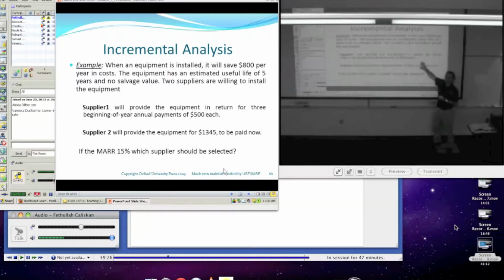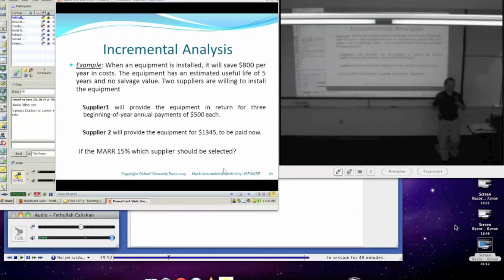Now, both have different cash flow offers, and in either case, the output will be the same: a fixed $800 per year saving, which is a benefit. With a 15% minimum attractive rate of return, which supplier should be selected?